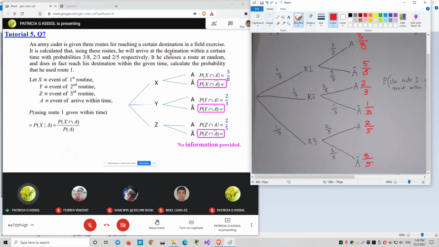So just put it into the formula. So 3/8 is corresponding to probability of X and A, and probability of A is corresponding to adding all up the 3/8, 2/3, and 2/5.